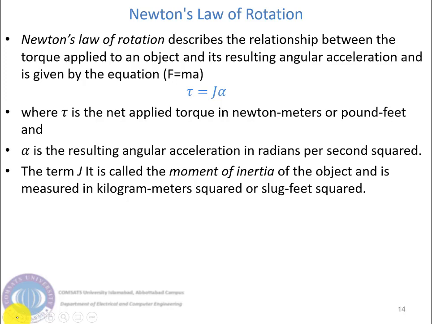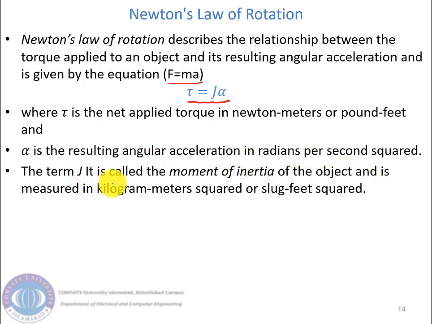Now Newton's law of rotation describes the relationship between the torque applied to an object and its resulting angular acceleration, and is given by the equation, which we already know as F is equal to ma. Here, because it's a rotational object, we have torque is equal to J alpha, where tau is the net applied torque in Newton meters or pound feet. Alpha is the resulting angular acceleration in radians per second squared.